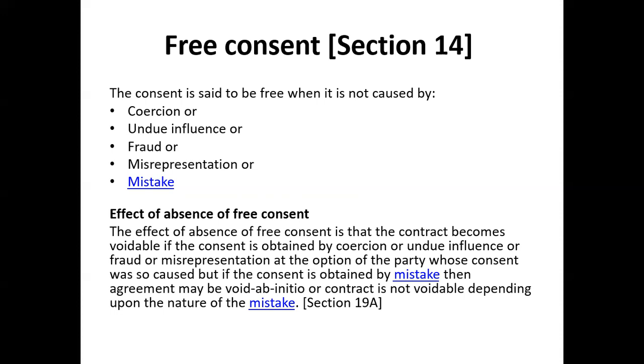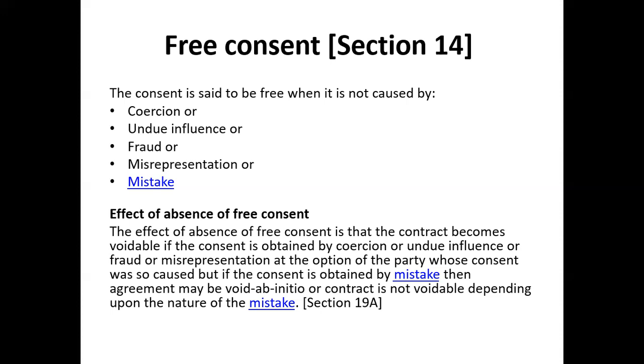We will learn about the variety of mistakes: there are mistakes where you cannot perform, and if such a mistake occurs, then the contract can be void. But there are a few mistakes which may be rectified, and which result in a voidable contract. So there are some exceptions we will learn about.